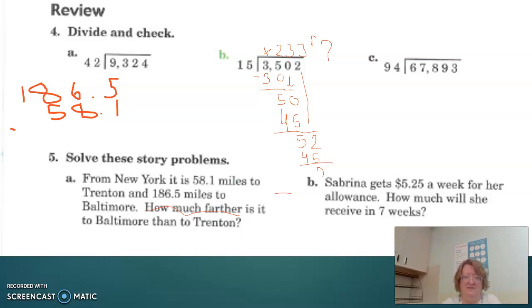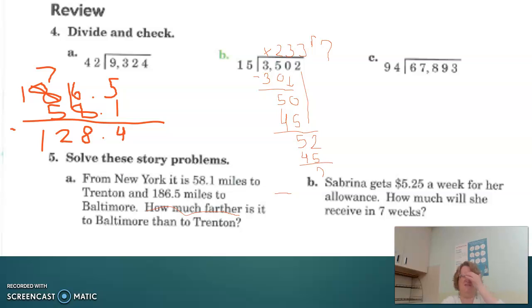So the points had to line up. So then we would do 5 minus 1 is 4. We would bring our decimal down. We can't do 6 take away 8. So we would do 16 minus 8, which the difference would be 8. And then 7 minus 5, the difference would be 2. And 1 minus 0 would be 1.